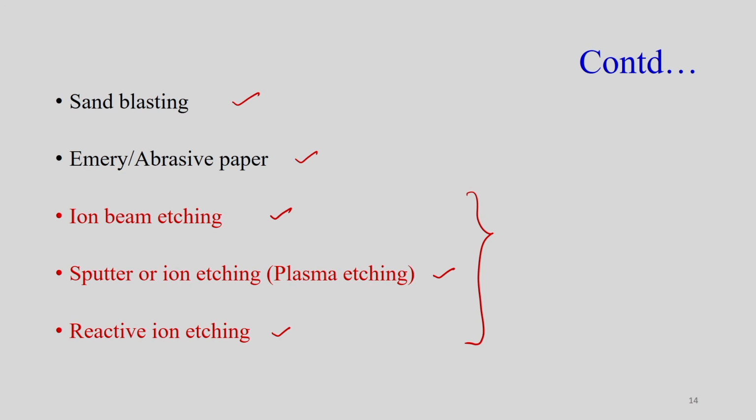So, these are the physical methods which we apply for modifying surfaces. Now, if you want to apply a method, it will depend on the physical and chemical properties of the substrate and what the target material is, and accordingly we have to choose the method which we are going to apply. So, these were the physical methods.